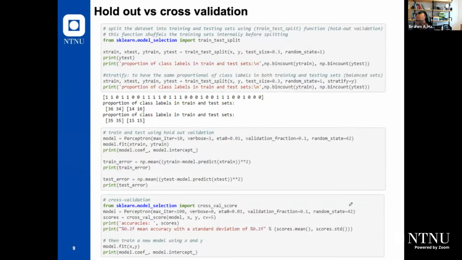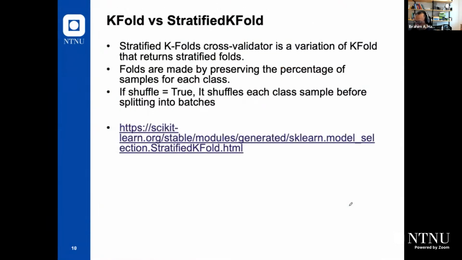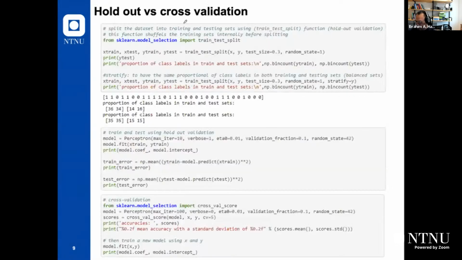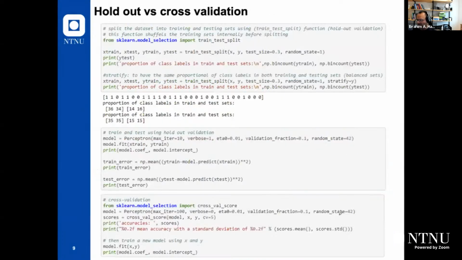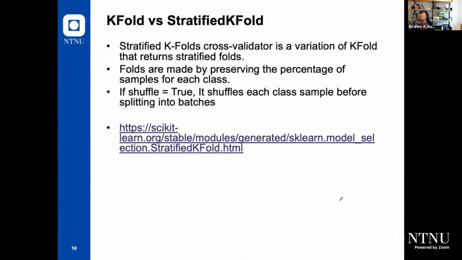So this is hold out validation versus cross validation, correct? And there is also k-fold versus stratified k-fold, which is very important, because we want to be sure that all classes will be equally represented in those folds. So we can use k-fold cross validation, and we can use stratified k-fold.